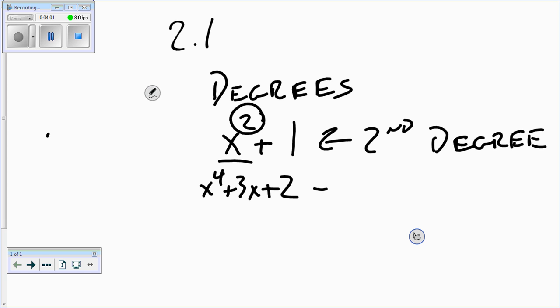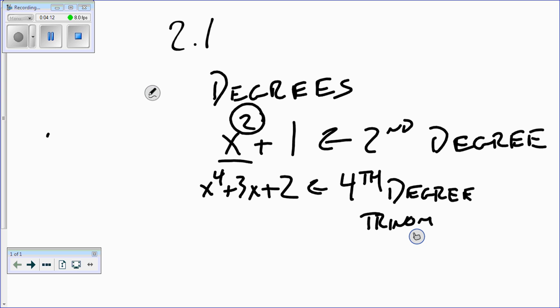This would be a 4th degree, and we would say it's a 4th degree trinomial. Your highest exponent is going to indicate that.